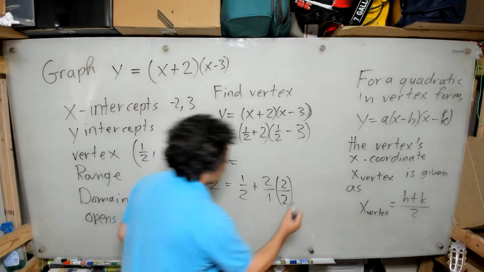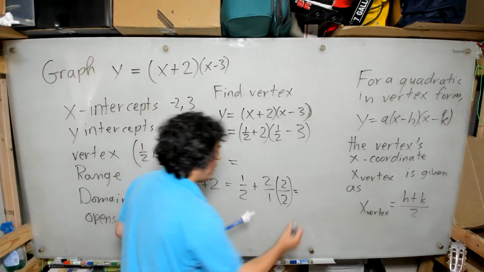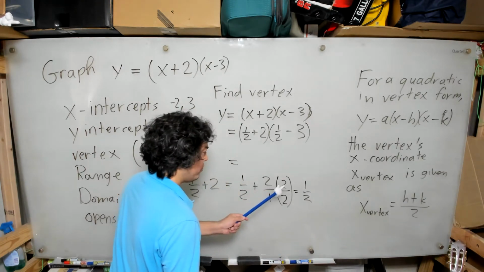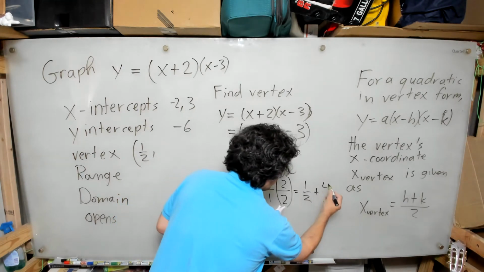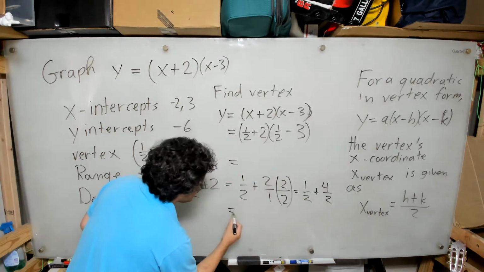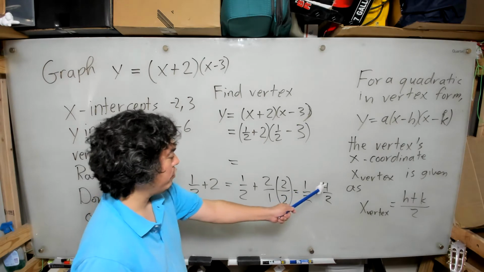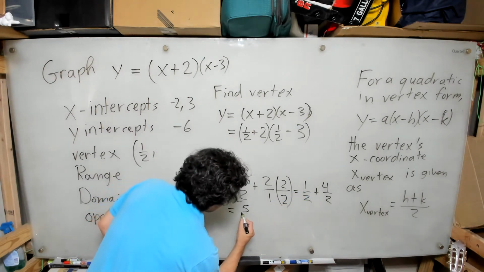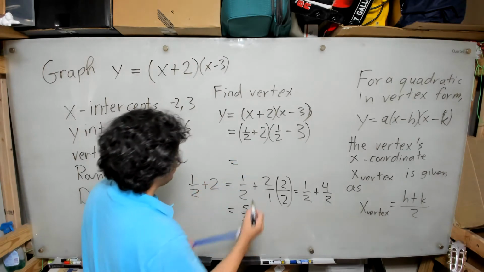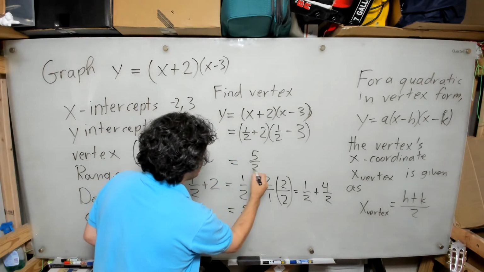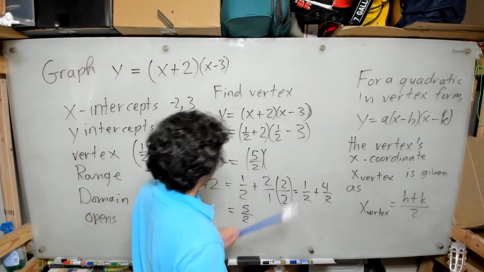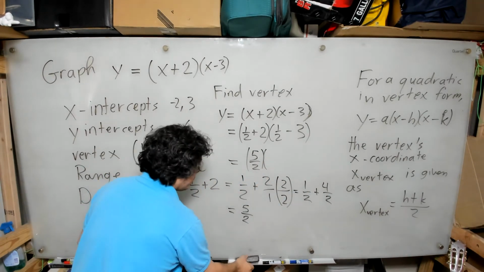I can see that from here, the 1/2 stays the way it is, but this fraction becomes 2 times 2, which is 4. 1 times 2 is 2. And so finally, they have the same denominator, so it'll be 1 plus 4, which becomes 5, and they keep the denominator 2. So I can say that this first term becomes 5/2. But it's going to be multiplied by this, okay? So let's do that one here, okay?